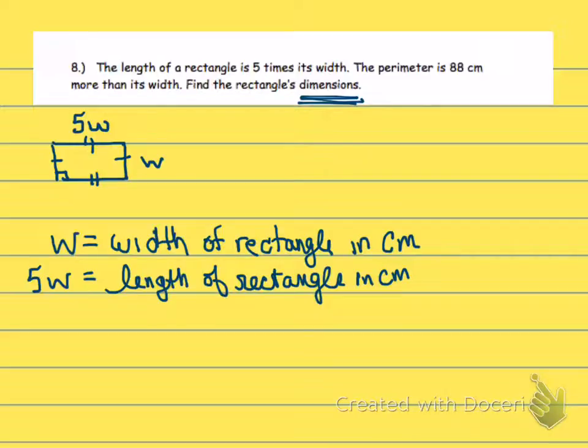All right. Then I go back, reread, and set up an equation. And I have that the perimeter is 88 centimeters more than its width. So I want to think about my perimeter formula for any rectangle and use that.